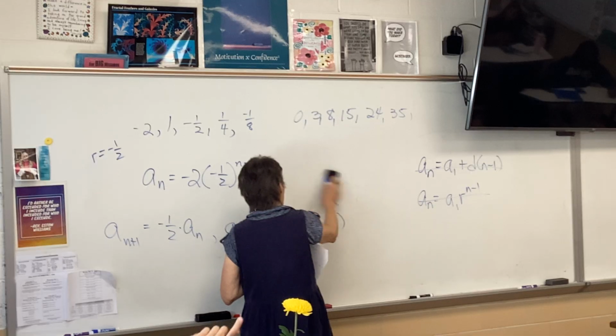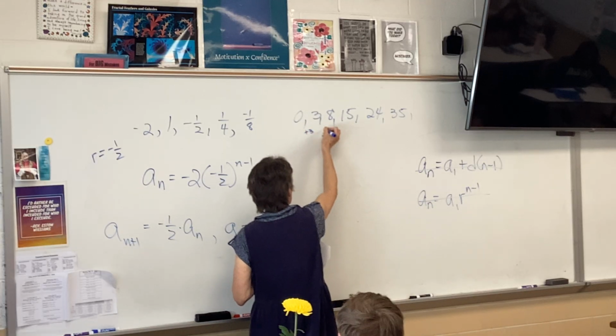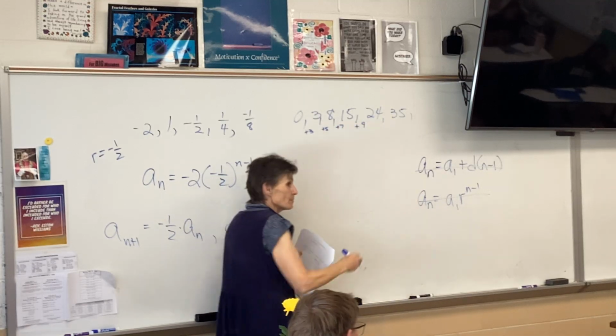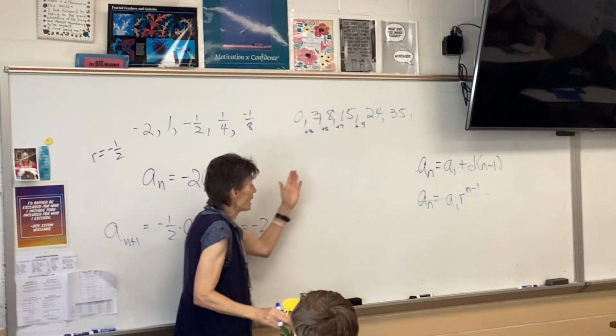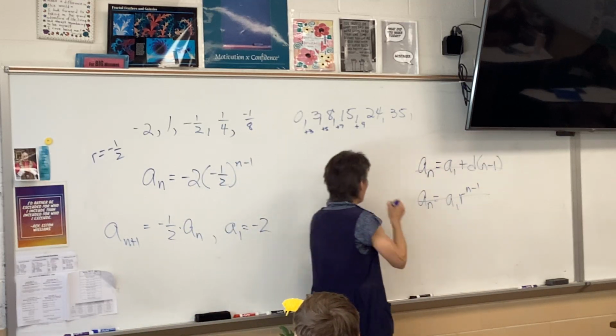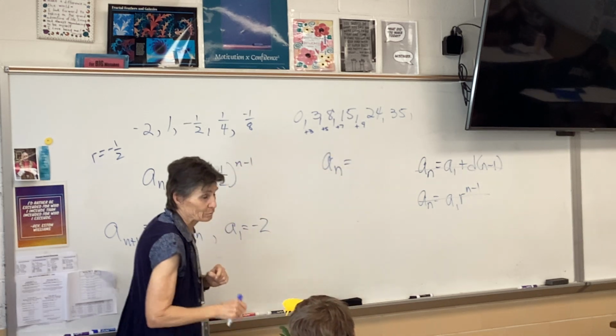Okay, so Michael has observed the pattern. He says I added 3, then I added 5, then I added 7, and so on. That's wonderful. That would help me keep going, right? But remember, your job is to write a formula for that.